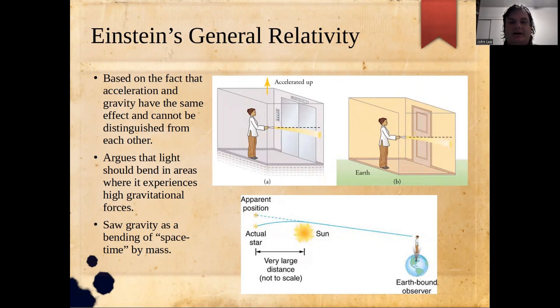So light would actually bend like it was going through a depression in space. So it was like going through a lower area of space.